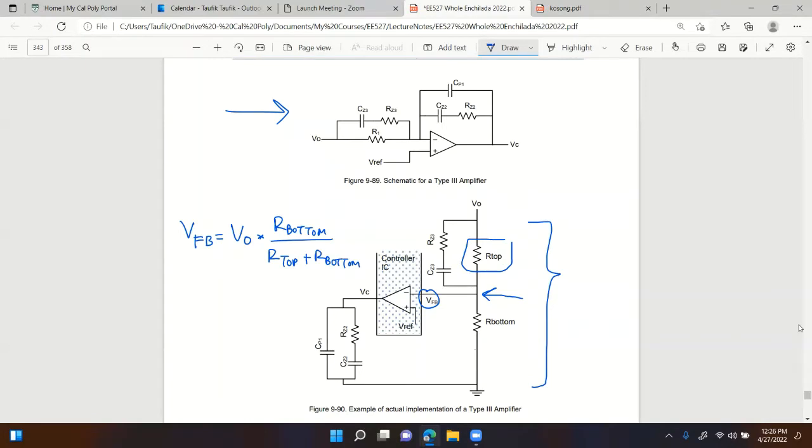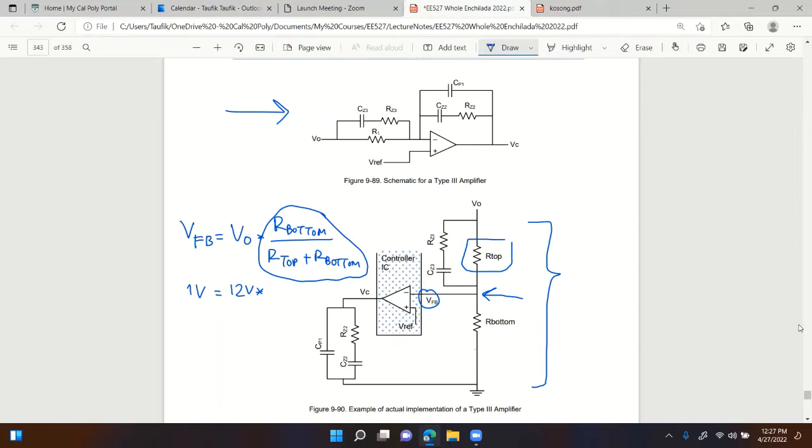Let's say that feedback is 1 volt, and V out is 12 volts. So from here, you see you have to find a good ratio for R bottom and R top. Most likely there are standard values.